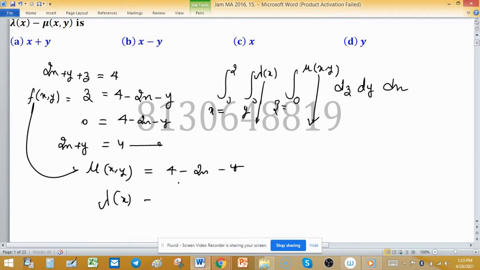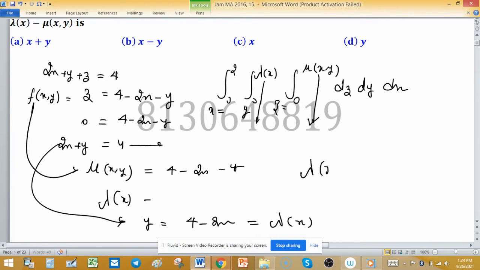Lambda x, when we put z equal to 0, so this is a function of x, so y equal to 4 minus 2x, so this is lambda x. So lambda x we have 4 minus 2x.